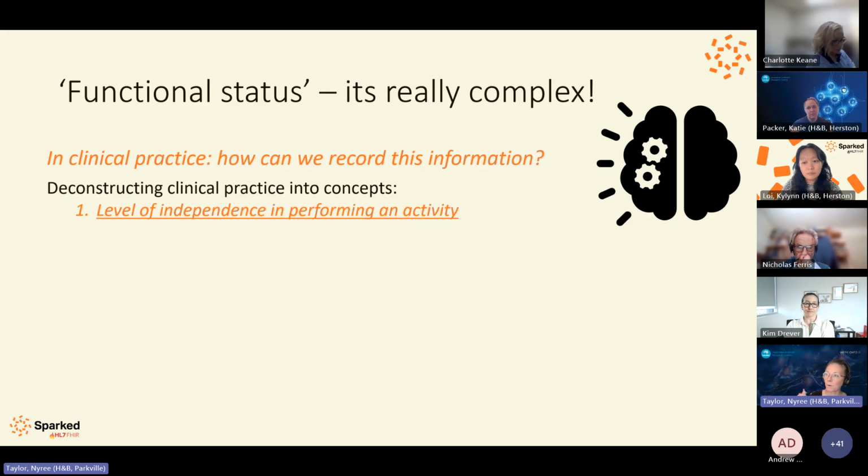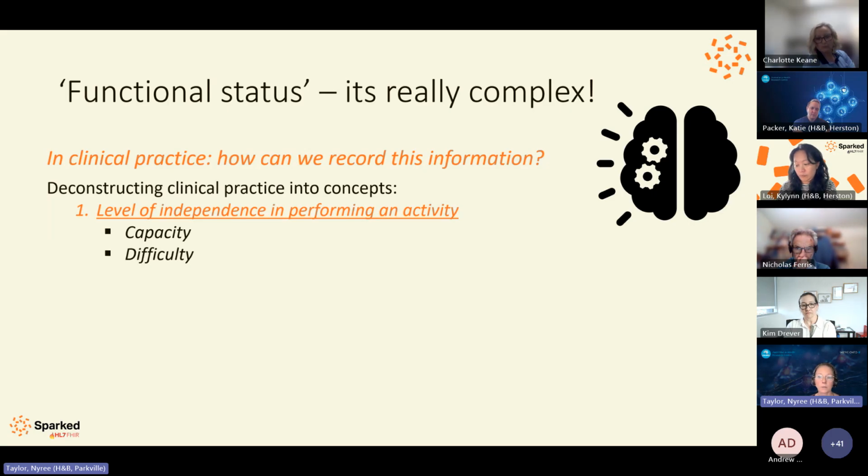And we've seen by what we've just taken you through that we're actually looking at the level of independence in an individual being able to perform that activity. And that can be categorised by the capacity or the classification of the individual's level of ability to perform that specific activity. So from independence through to dependence, then needing support to be able to perform the activity.